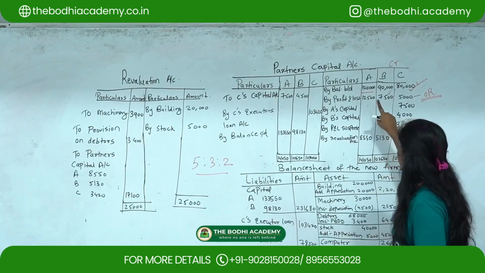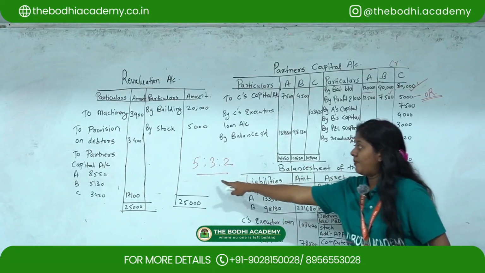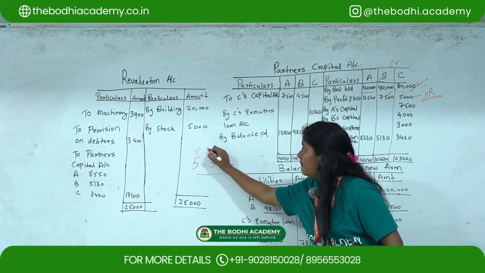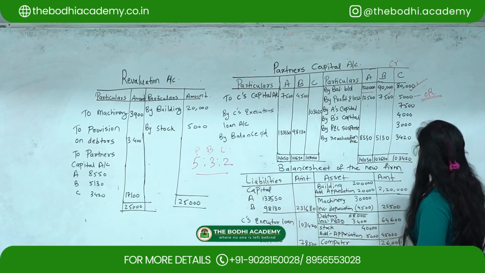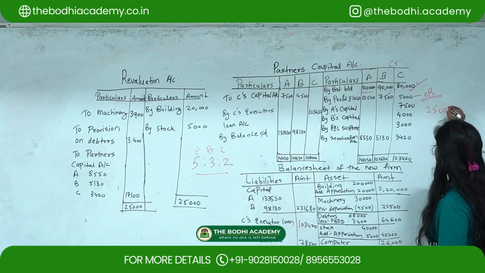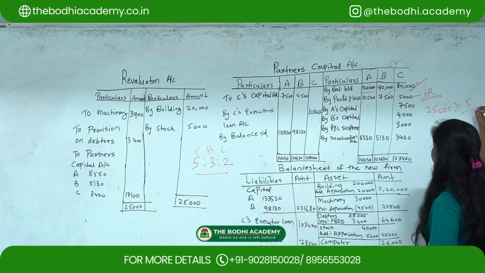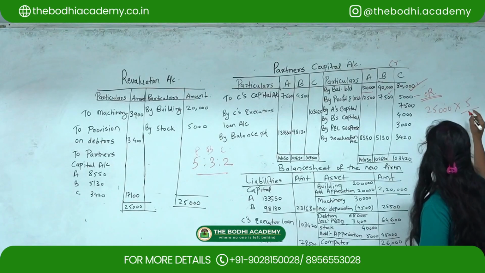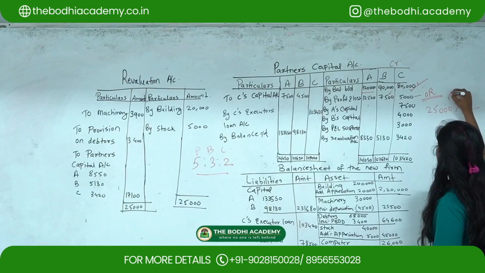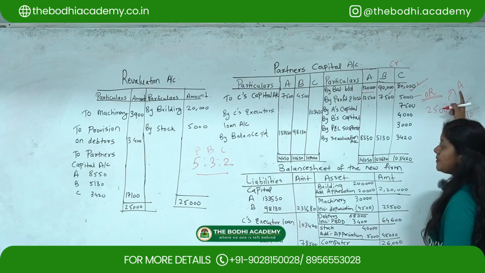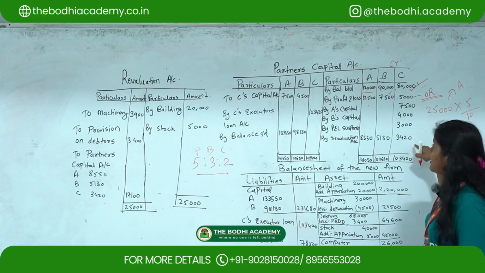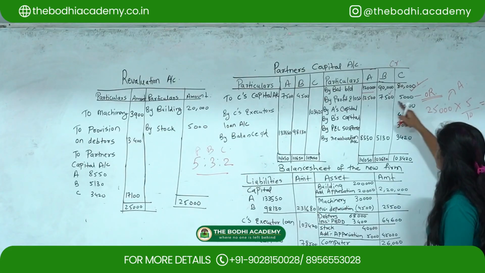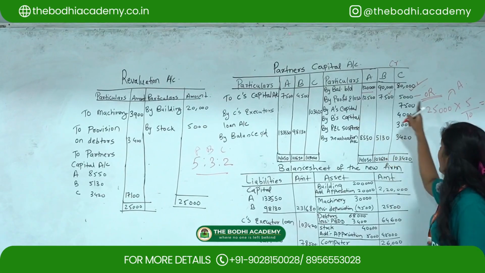You have to multiply 25,000 with the ratio of the partner. For A, it is 25,000 multiplied by 5 divided by 10. Similarly you do it for B and C. You will get the answer 12,500 for A.